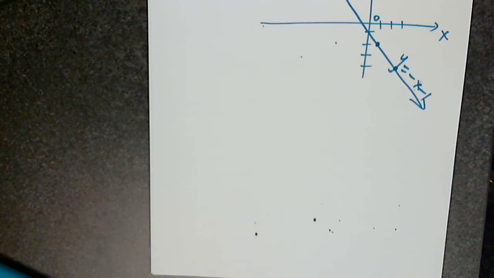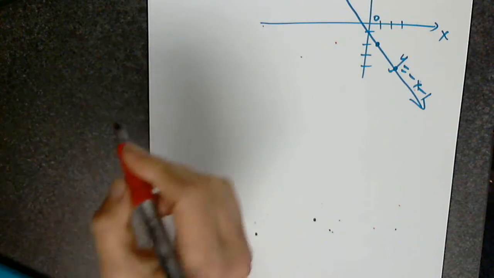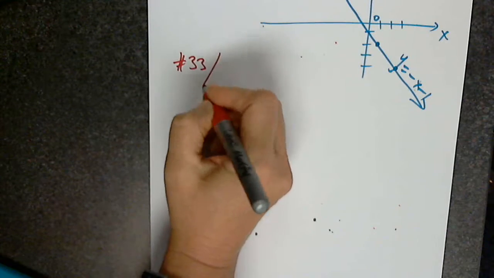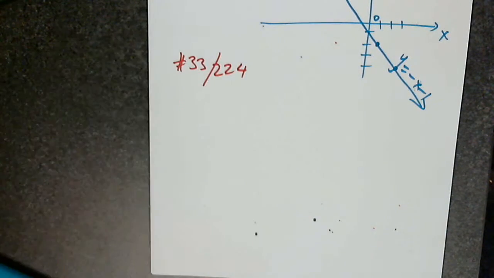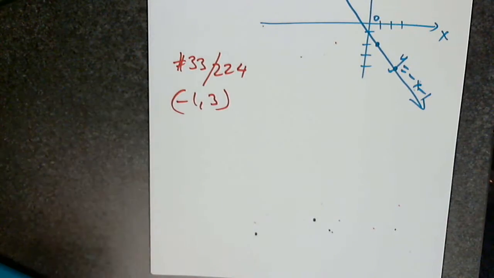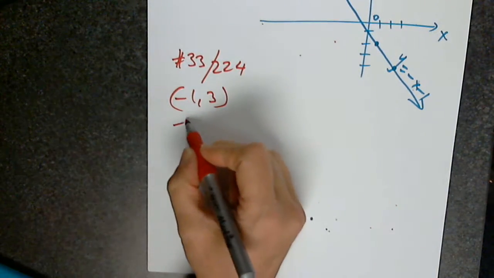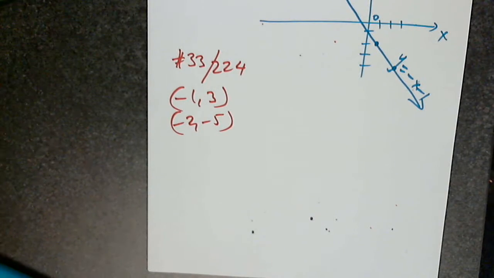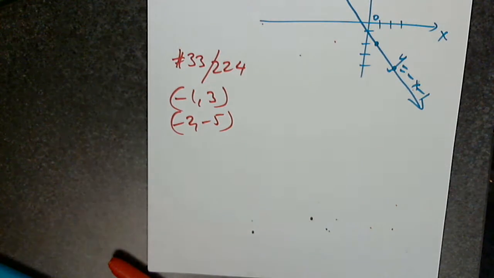Okay, on page 224, let's start with problem 33. Negative 1, 3, and negative 2, negative 5. Okay, 2 minutes. Of course, we are given 2 points, and we're asked to find the equation of the line. We're not asked to graph. I'm not going to ask you to graph.